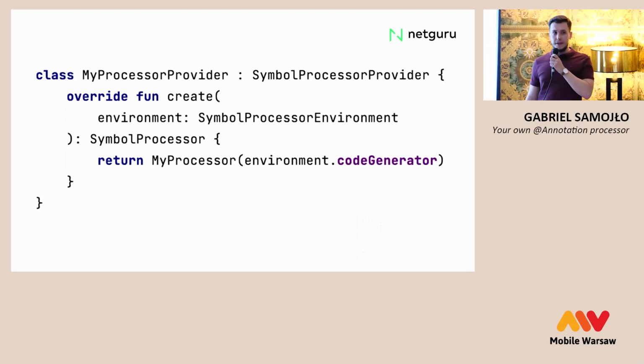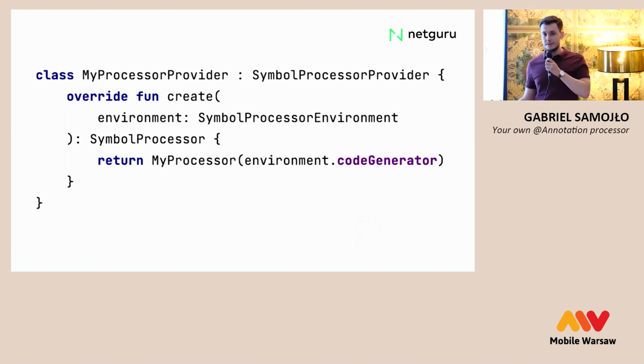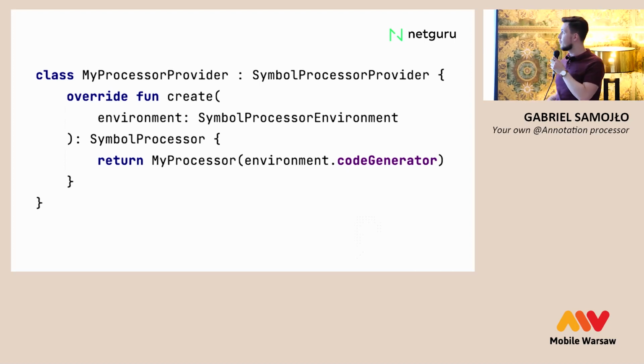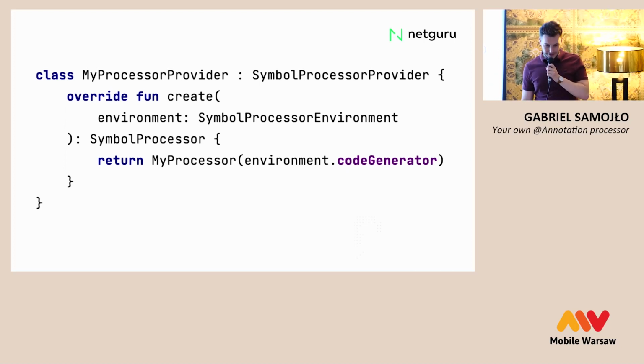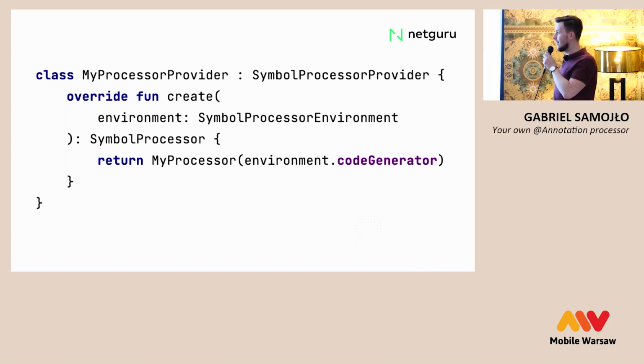The one weird thing at the end of the whole process is to create something that is called symbol processor provider. And believe me or not, I've never spotted this approach.